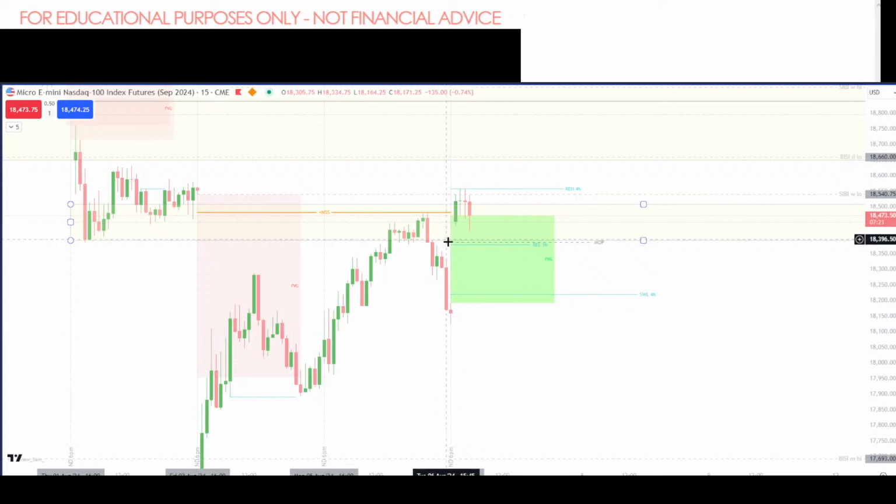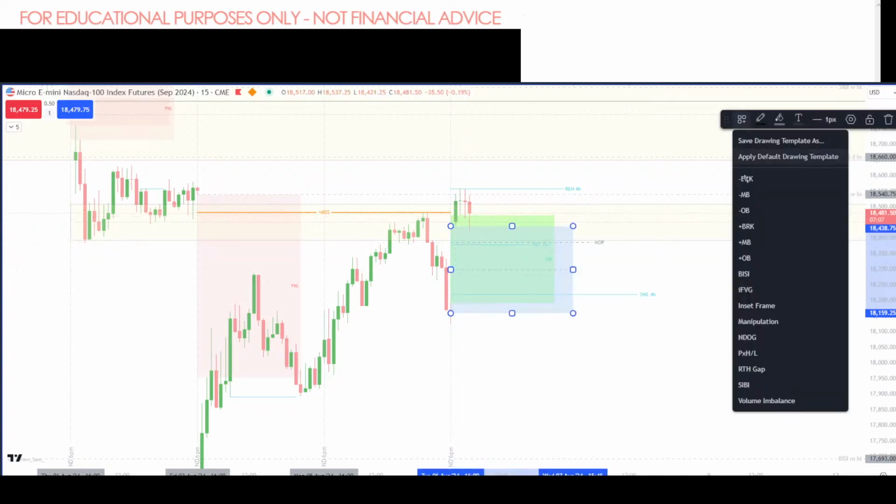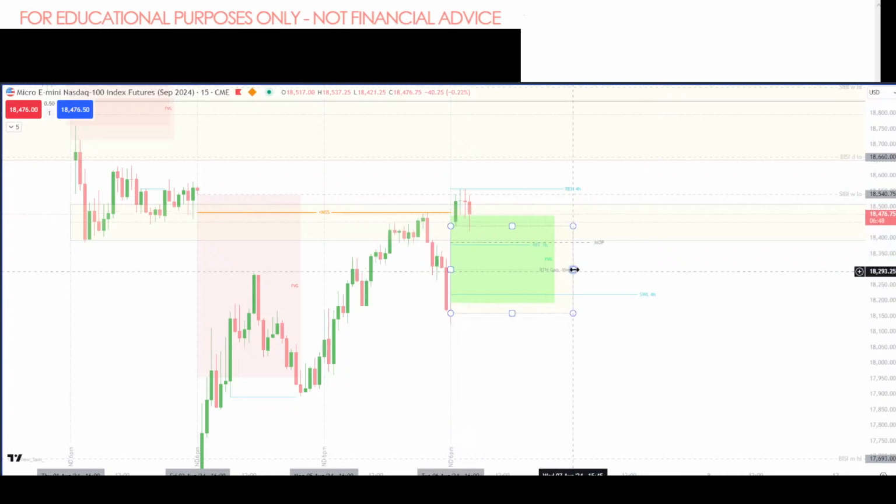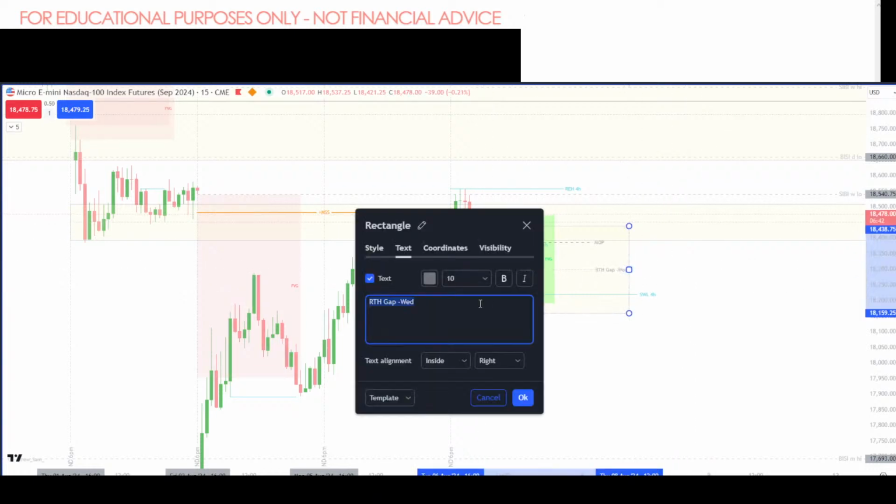So we have a really big regular trading hours gap here, and I wonder if we're going to, so the close yesterday was there, and the open today was there, giving us a really big regular trading hours gap. And that is Wednesday. Now, I don't know if we're going to come down into this, but keep an eye on that.